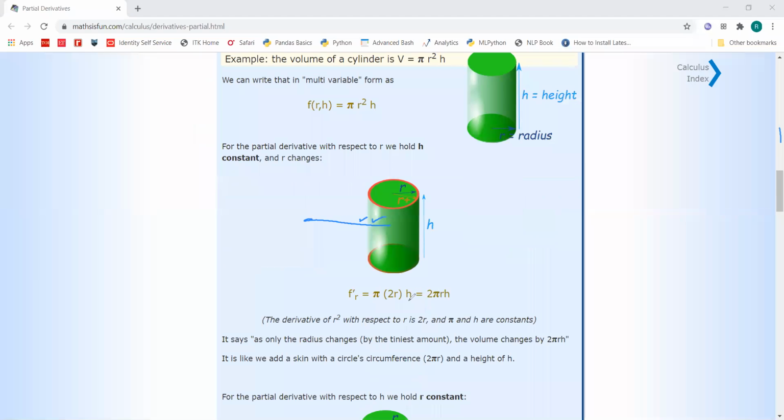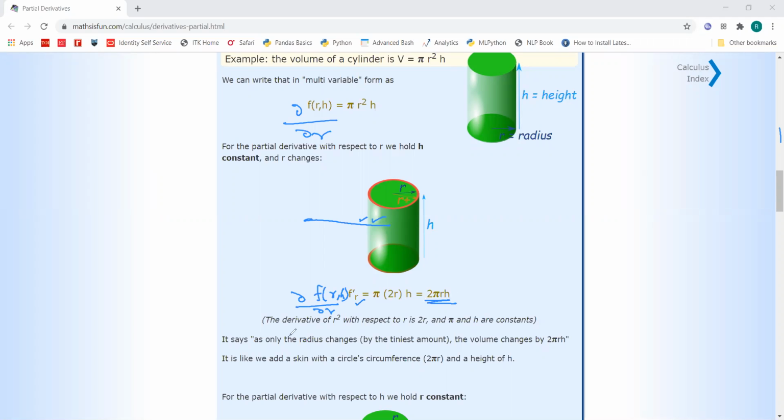We kept one of the things constant, either r or h. This time we are doing it with respect to r, which means we have kept h constant. So after the partial derivative with respect to r, you got this.